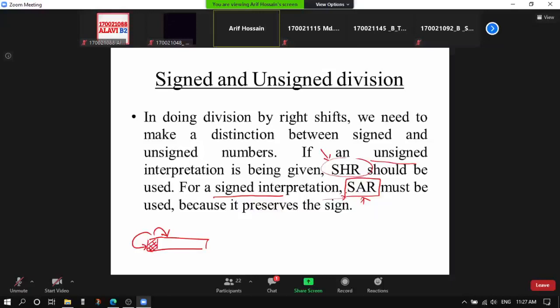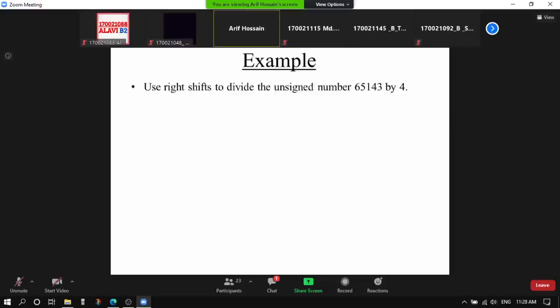So if we want signed division or signed interpretation, we want our MSB to remain as it is. In that case, SAR will be used. But for unsigned interpretation, SHR will be used. Is it okay? Yes, sir.